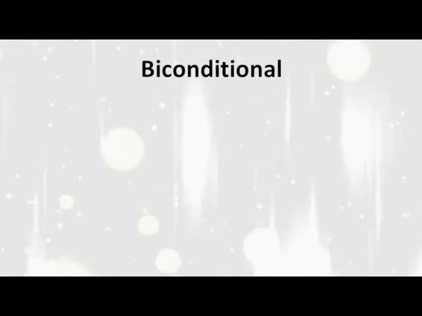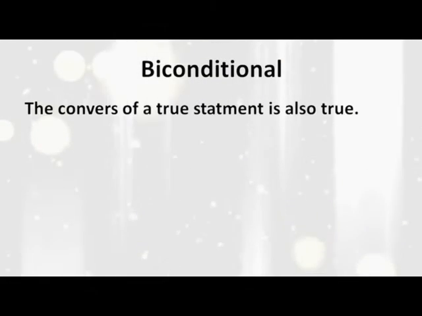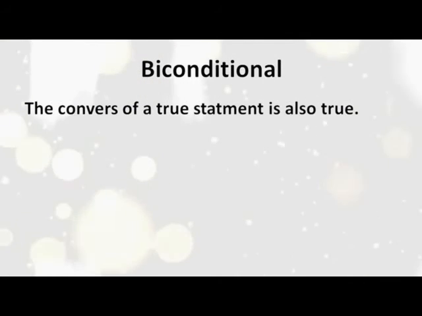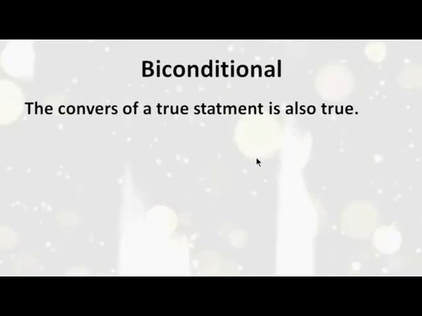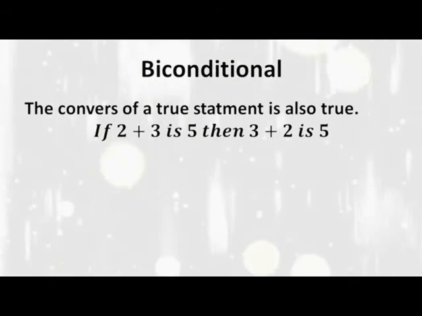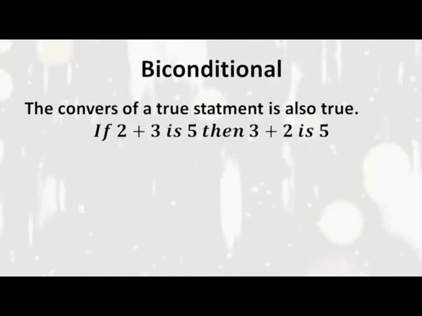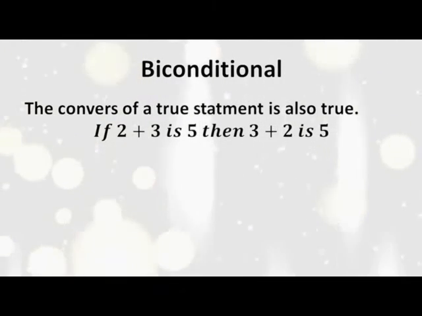And then there is biconditional. The biconditional is when the converse of a true statement is also true. So if there's a statement and the converse is also true, it's biconditional. Like this statement: if 2 plus 3 is 5, then 3 plus 2 is 5.